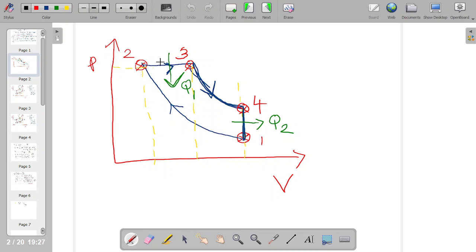The next ratio is the cut-off ratio, because fuel is cut off. In the actual engine, the fuel injection starts from 2 and ends at 3, so the fuel cut-off happens in this second process. That is known as the cut-off ratio, V3 by V2.